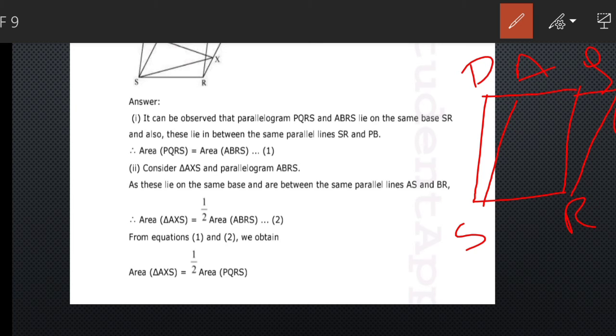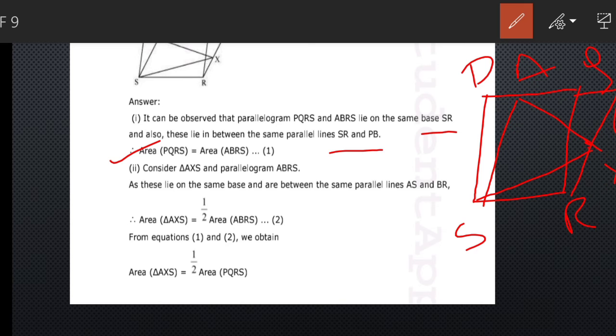Here is B, and in this line there is a point X. So first of all, both the parallelograms lie on the same base SR, and also between the same parallel lines, SR parallel to PB. So we can say the areas of the parallelograms are equal by theorem 9.1.